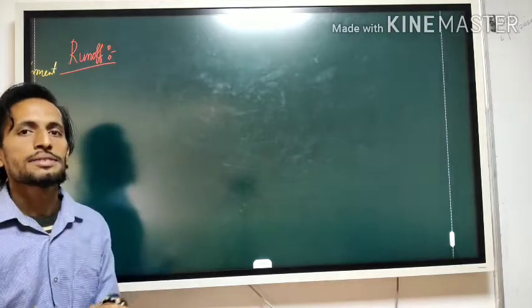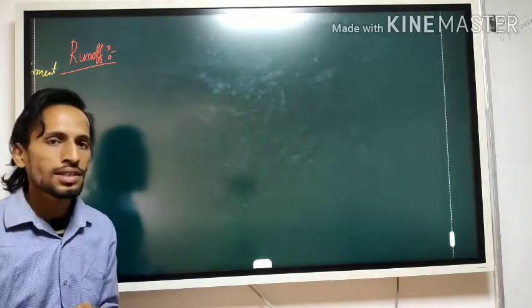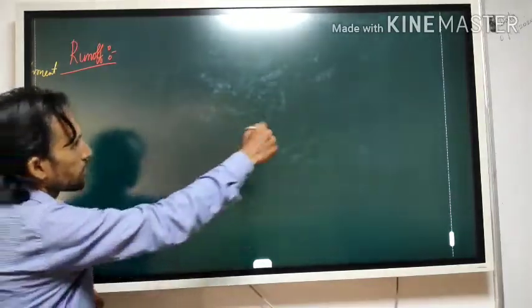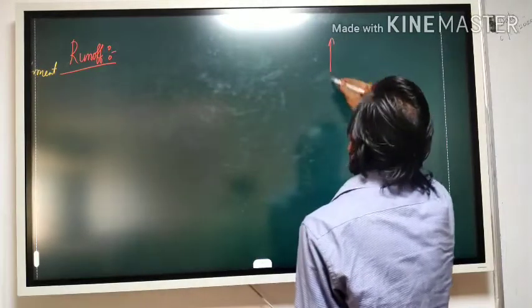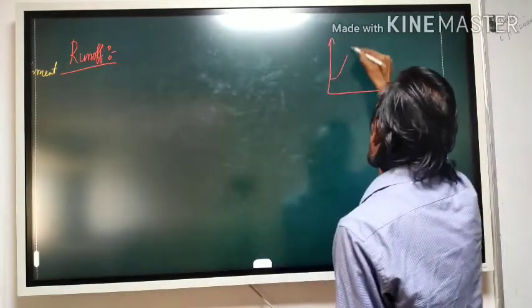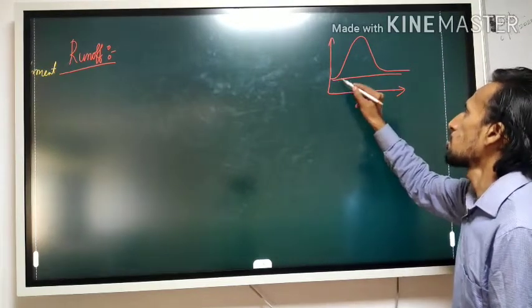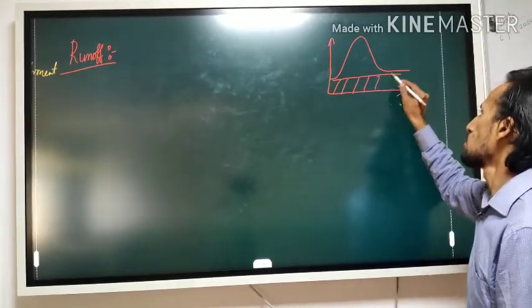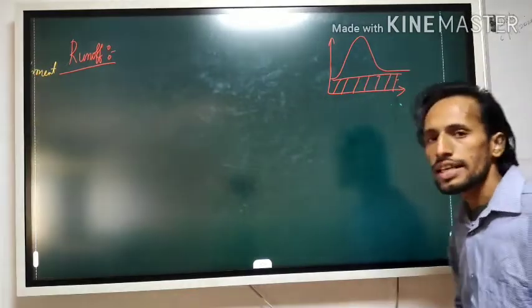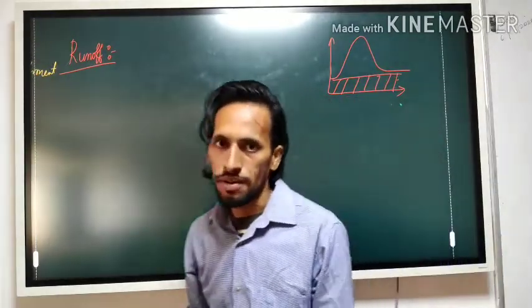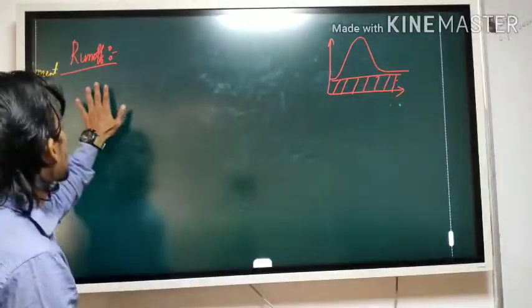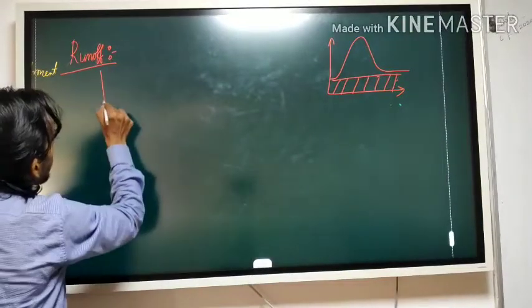If you remember, your hydrograph is like this. This much portion is your base flow and another is your runoff. So the runoff is basically divided in two parts.